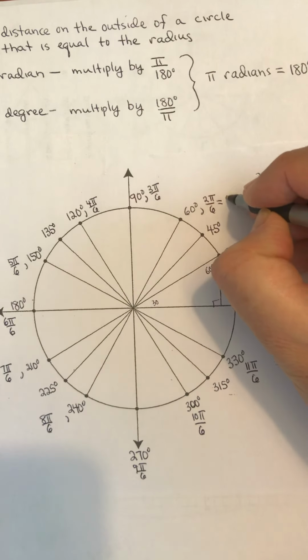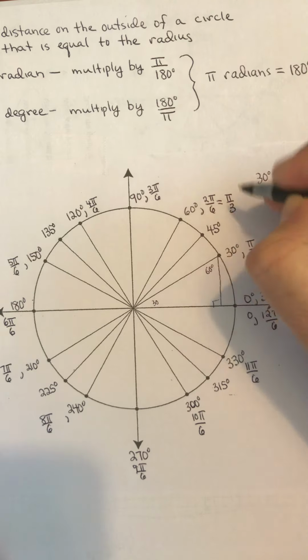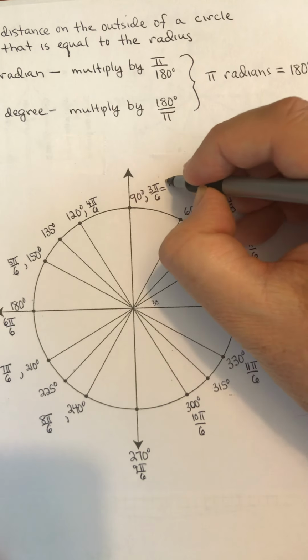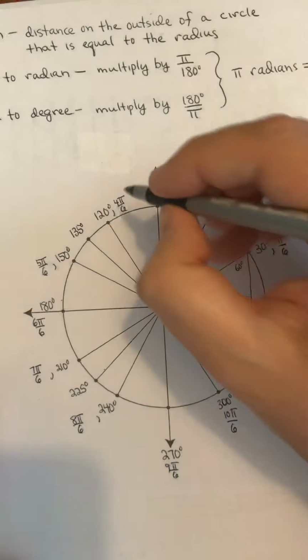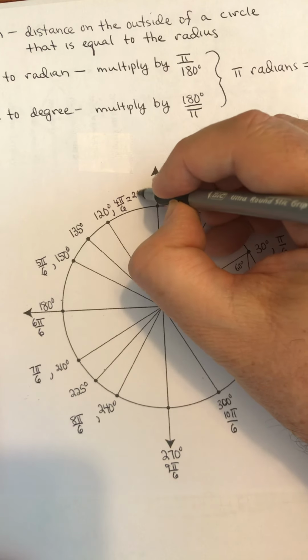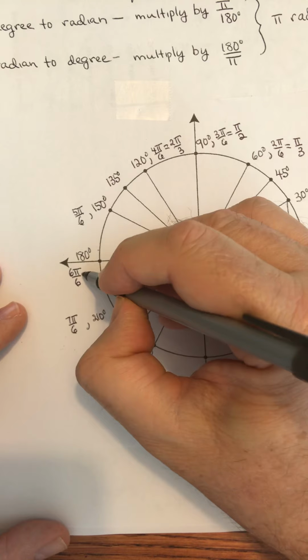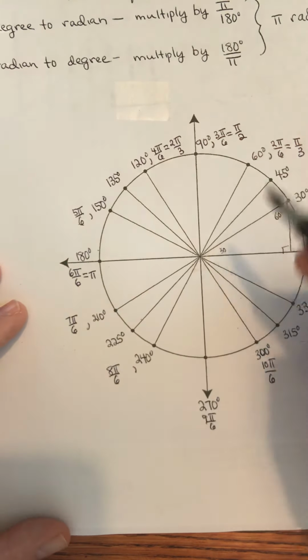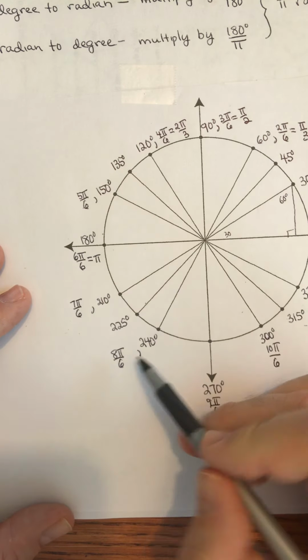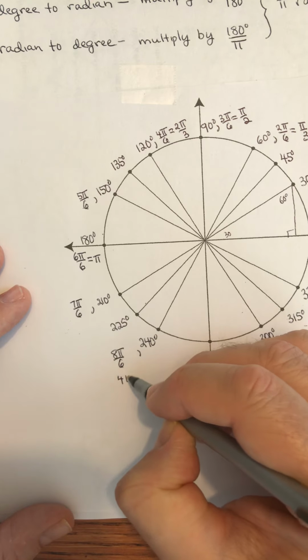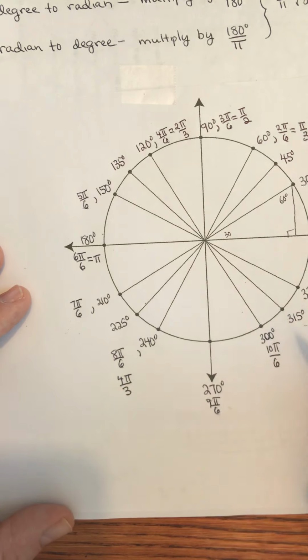This reduces to pi over 3. This reduces to pi over 2. This one reduces to 2 pi over 3. That one's already reduced. This one reduces to just pi. That's already reduced. This reduces to 4 pi over 3.